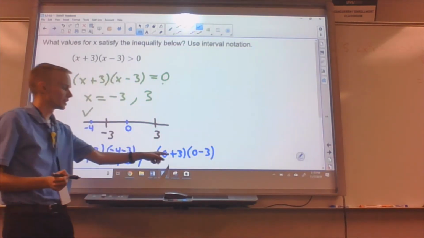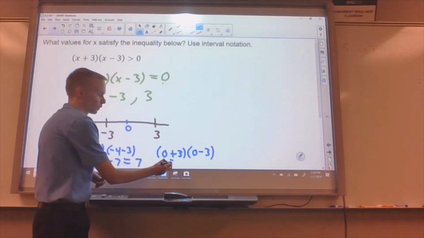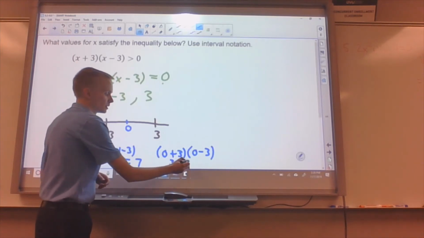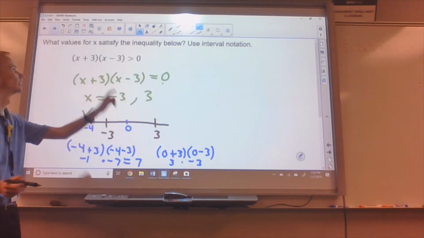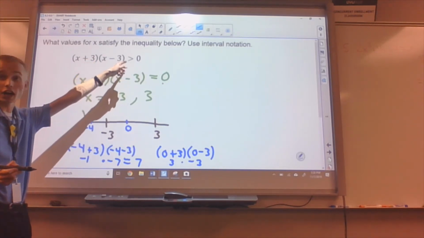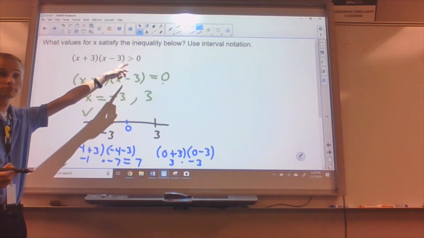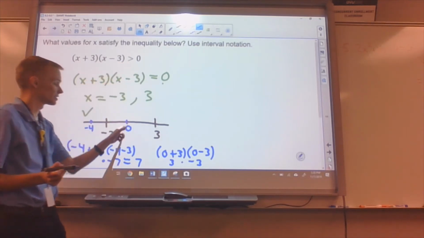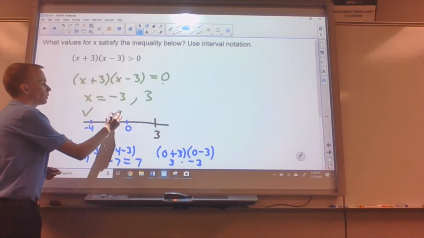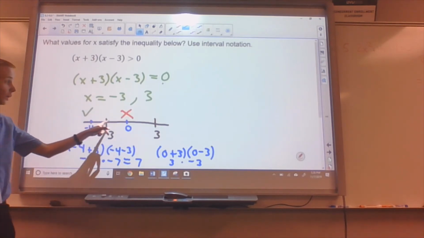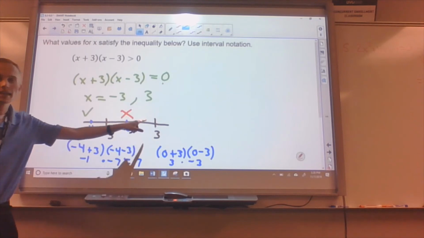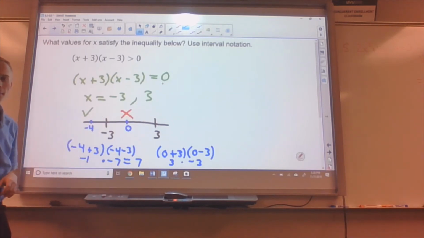So this is going to be positive 3 times negative 3, which will give me negative 9. Negative 9 is not greater than 0, so that doesn't work. 0 makes the inequality untrue, so it's not true in this middle portion. Okay, does this make sense?